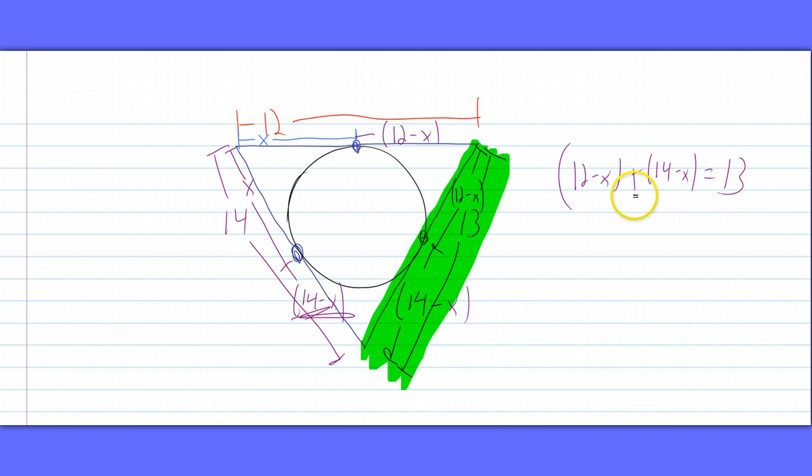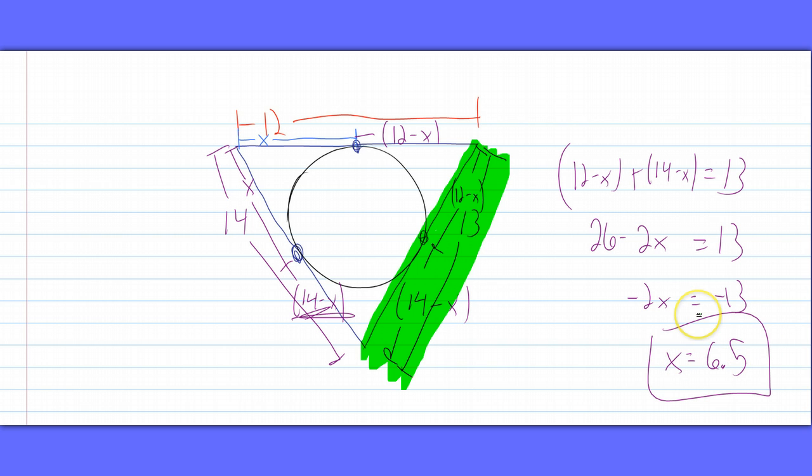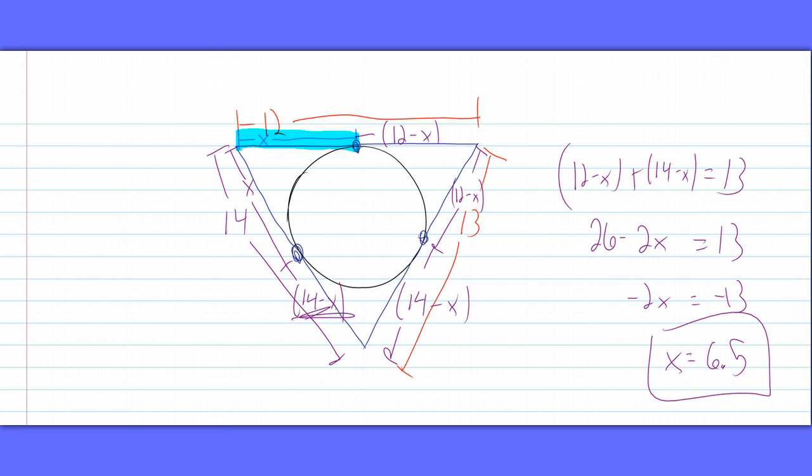Now, if we do a little bit of algebra on this one, combine like terms, 26 minus 2x is equal to 13. Subtract 26 from both sides, and now divide both sides by -2. We get that x is equal to 6.5. So what we were looking for was the length of x, and x, this segment, is 6.5 units long.